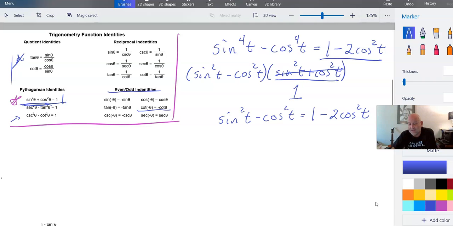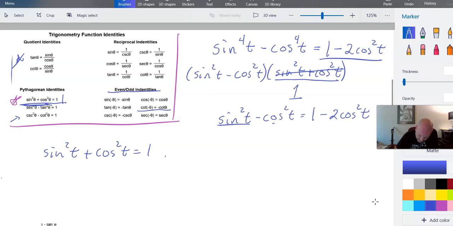So I'm going to use the same trick I did before, because we saw this before, but it was cosine squared minus sine squared. This answer is in terms of cosine, so that means I need to substitute to get rid of the sine. So if I look at sine squared t plus cosine squared t equals 1, what can I use to substitute for sine?